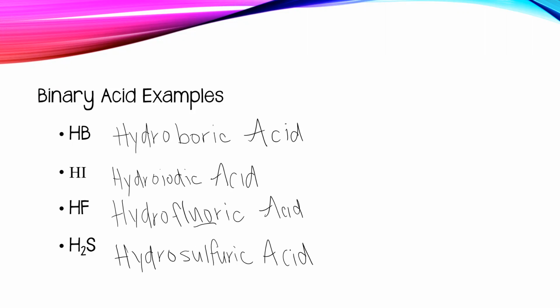Okay, so just some examples of naming binary acids. Hydro, the element name with IC on the end, and you'll get used to how to cut them. It's not hydroboronic or hydroiodinic, but it is hydrosulfuric. You'll get used to how you cut them the more and more you hear.